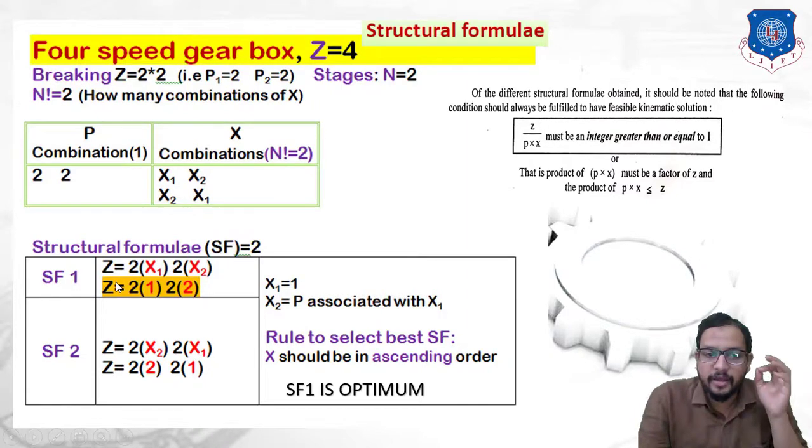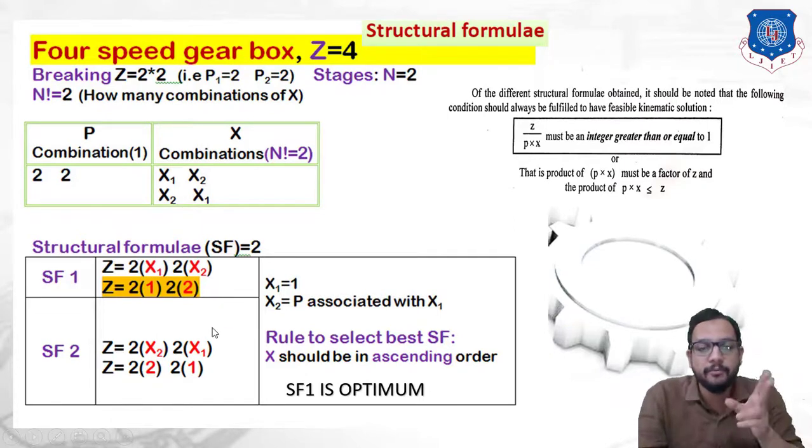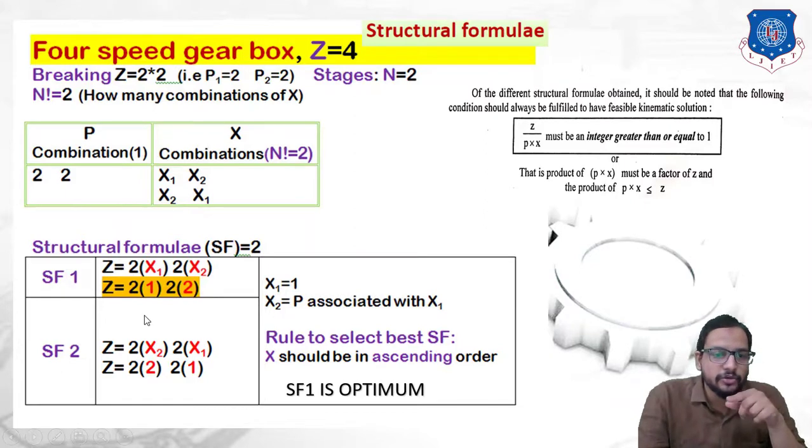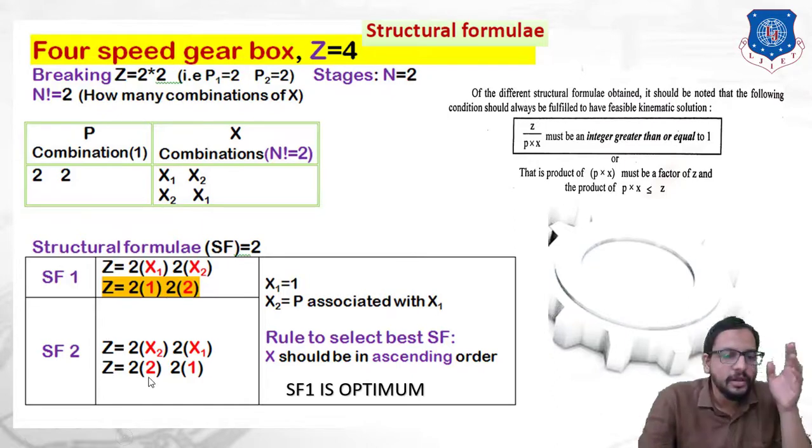Over here I have written Z is equal to 2 bracket 1 into 2 bracket 2. Now how has this 2 come? We know that we need to take x2 is equal to p1, right, associated with x1. So our structural formula becomes Z is equal to 2 bracket 1 into 2 bracket 2. SF2, that is the second structural formula, is Z is equal to 2 bracket x2 into 2 bracket x1.